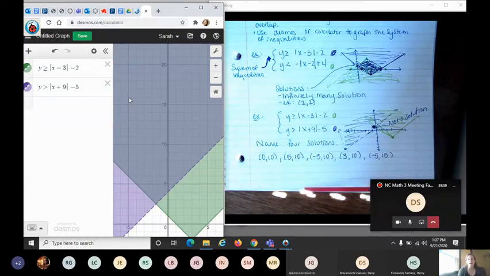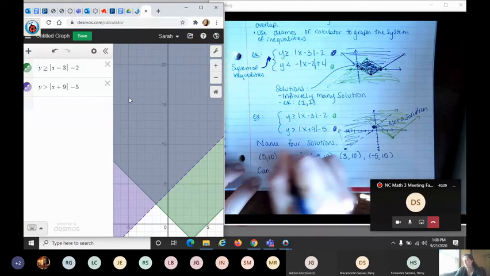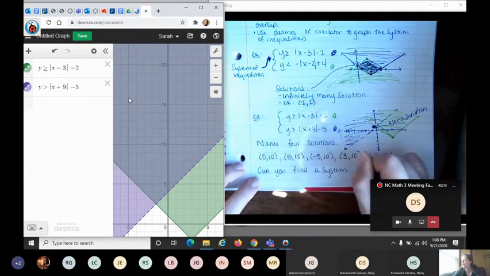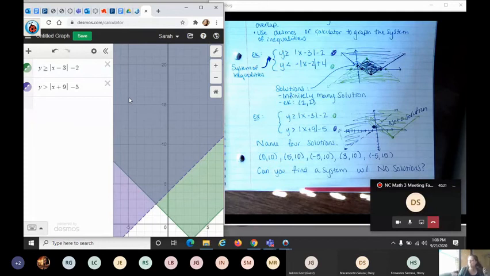Okay. All right, so now I have a question for you guys that I want you to answer. Can you find a system with no solutions? Okay, so I want you guys to think for a minute and try to come up with a system of equations where there's no overlapping at all. You can sketch it out on your paper. If you don't know how to come up with the equation, that's okay.